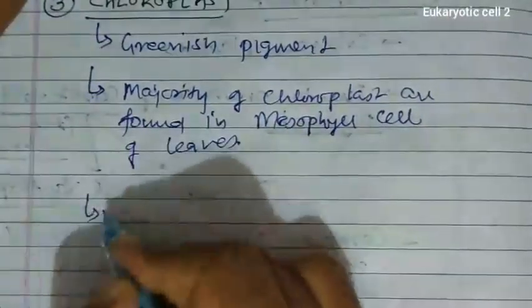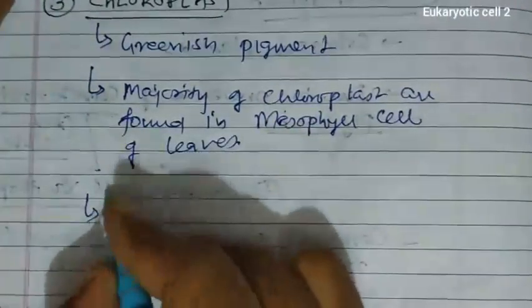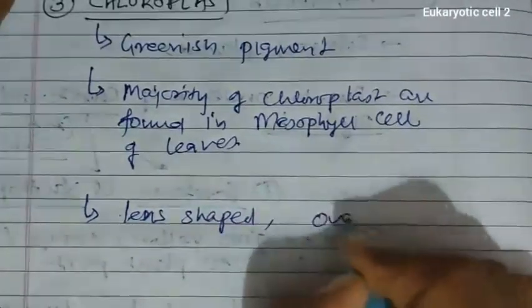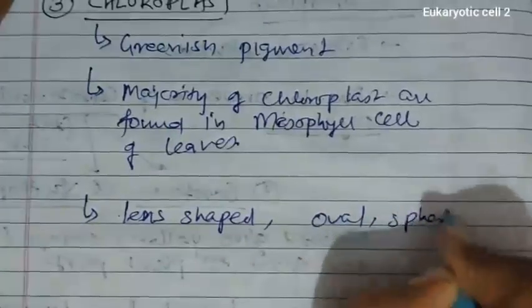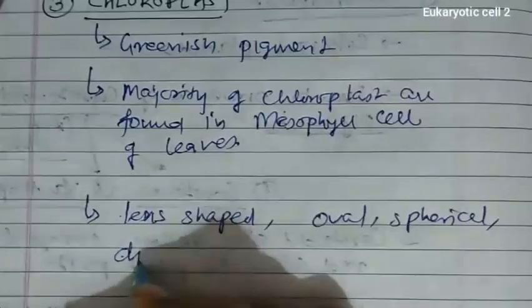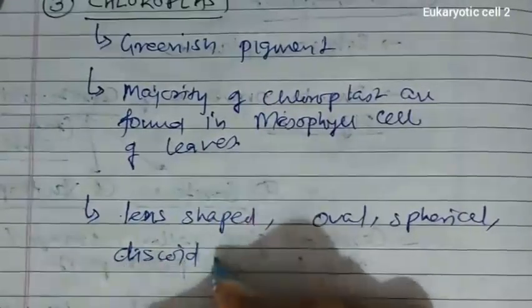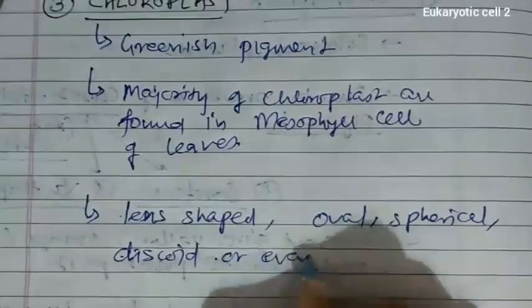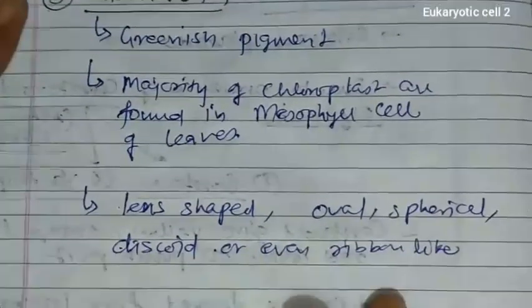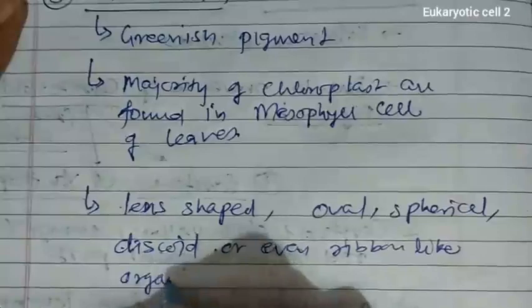They are of different shapes, like lens shaped, oval, spherical, discoid, or even ribbon-like organelle.